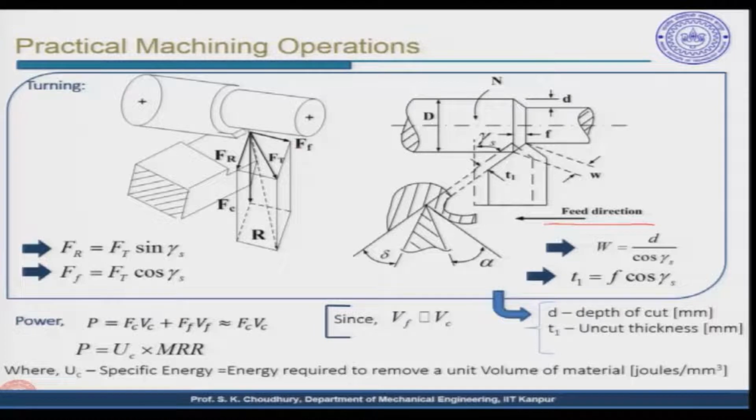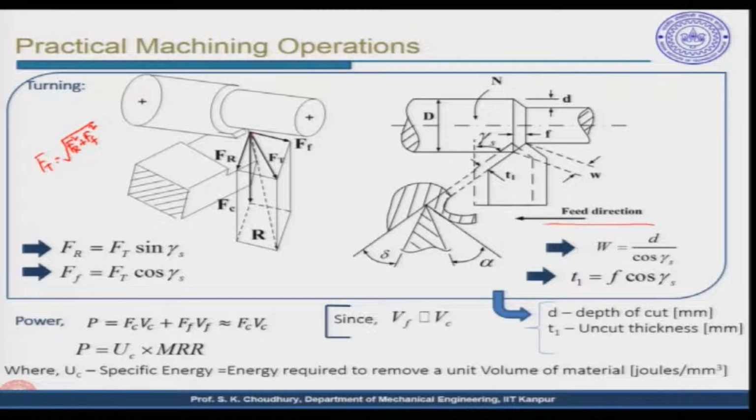Fr is the radial force, perpendicular to the axis of the workpiece, and Fr and Ff both are located at the horizontal surface. Their resultant will be the Ft, this we have already discussed. Therefore, Ft becomes root over Fr square plus Ff square. Fr once again is the radial force and Ff is the feed force.